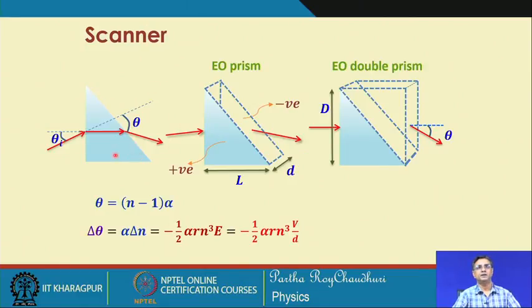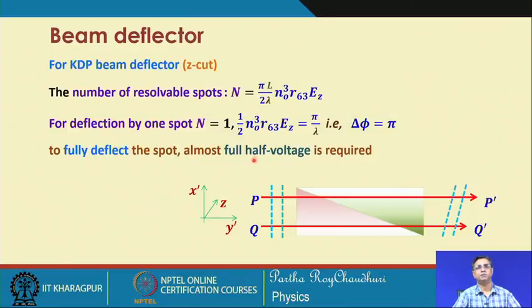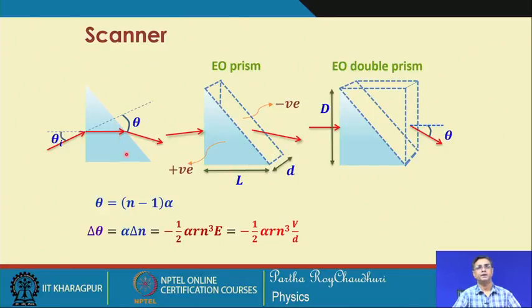Now, the scanner is another important device, but basically based on the same principle of beam deflection. For an individual thin prism, we know that the deflection is the refractive index minus 1 times alpha, where alpha is the angle of the prism.